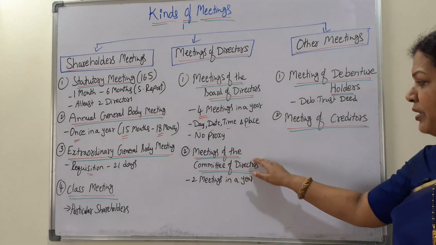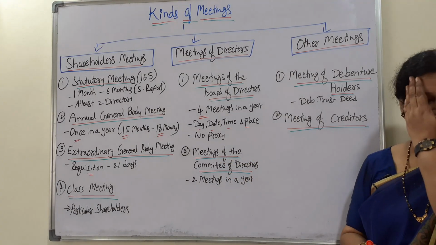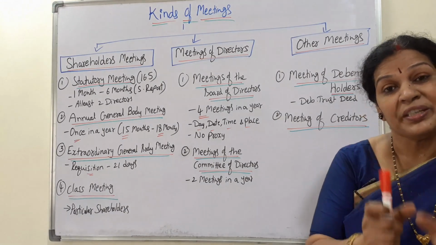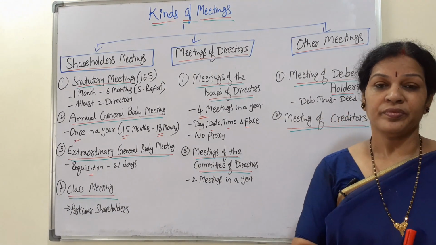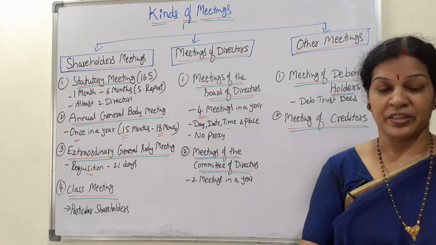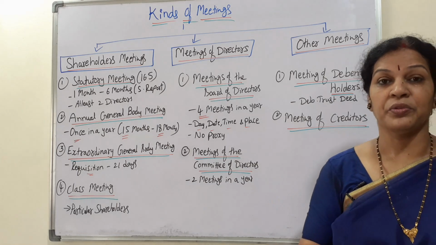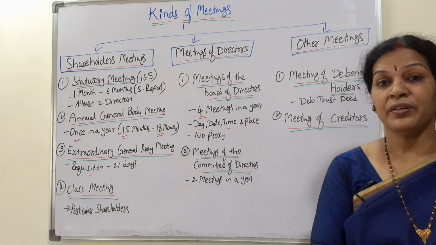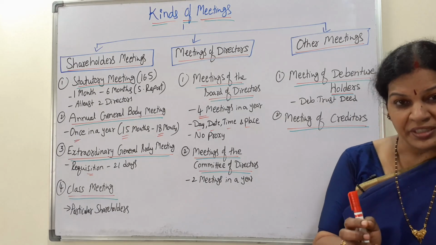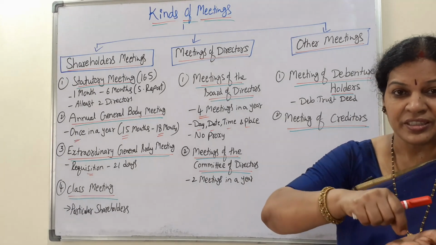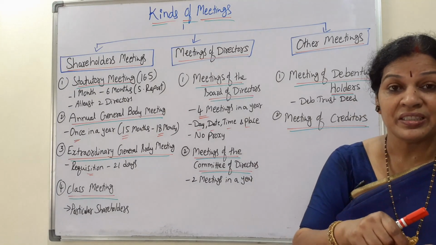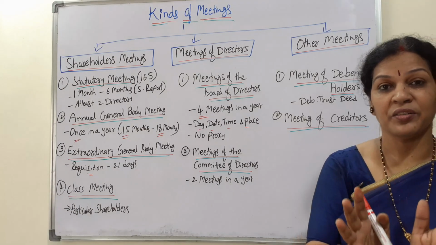And the second one is the meeting of the committee of directors. Generally there will be a particular committee for a particular reason: committee for governance, committee for activities, committee for expansion of the organization, committee for a new branch, like that. A particular committee is created, and which board of directors are included in that committee is already decided.